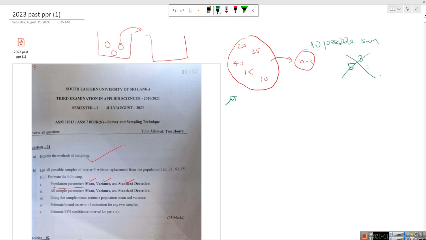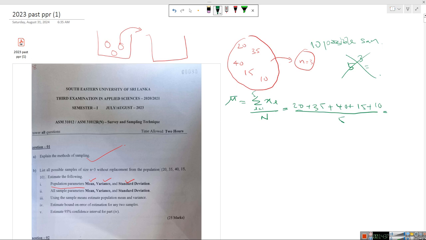So mu is equal to summation xi, i is equal to 1 to 5, divided by capital N, right? Now you have to add all these: 20 plus 35 plus 40 plus 15 plus 10 divided by 5.